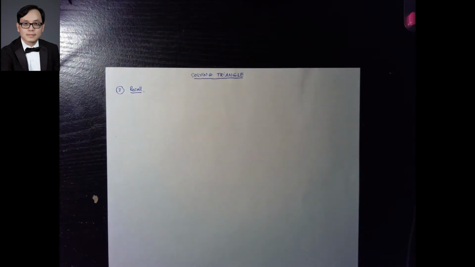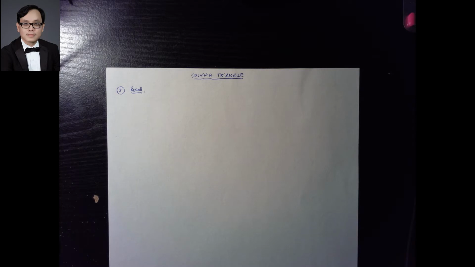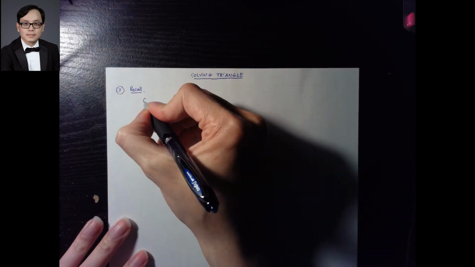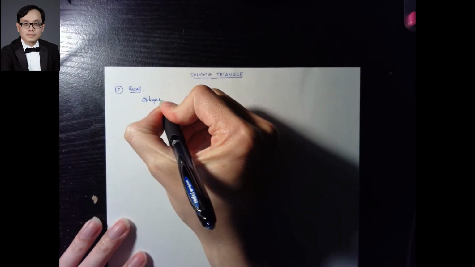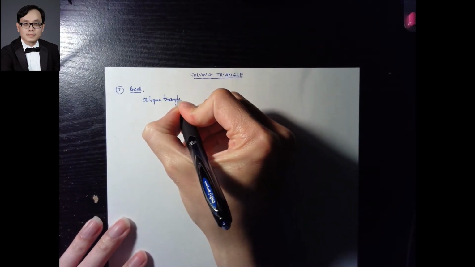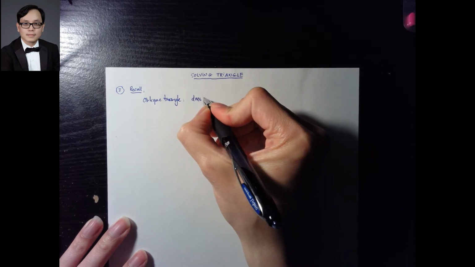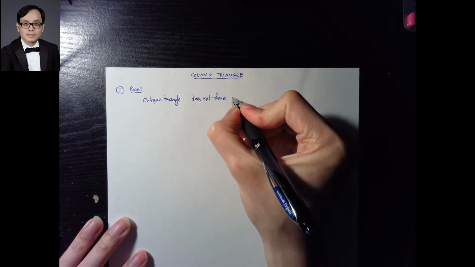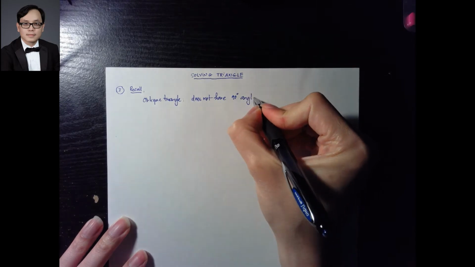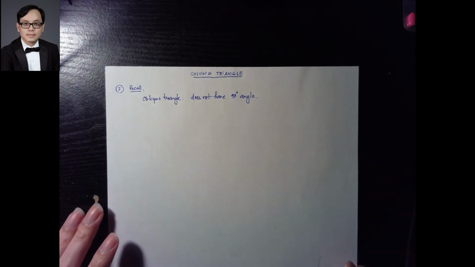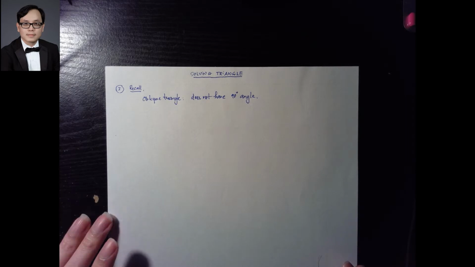When we talk about an arbitrary triangle, we're talking about the oblique triangle. What is an oblique triangle? A triangle that does not have a 90-degree angle is called an oblique triangle. In the oblique triangle there are two different types.